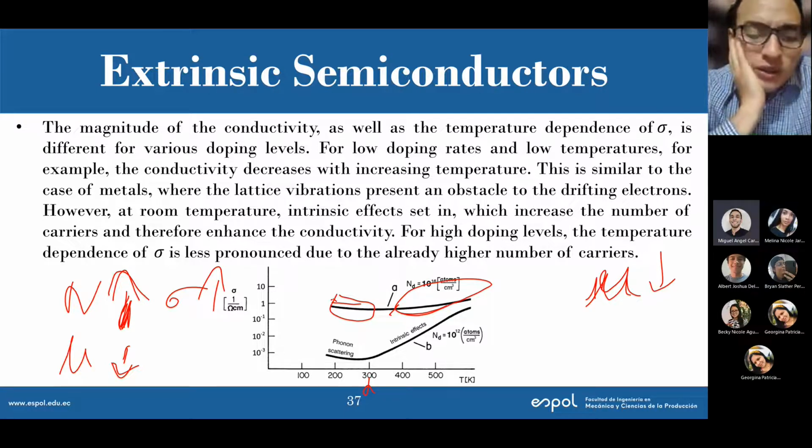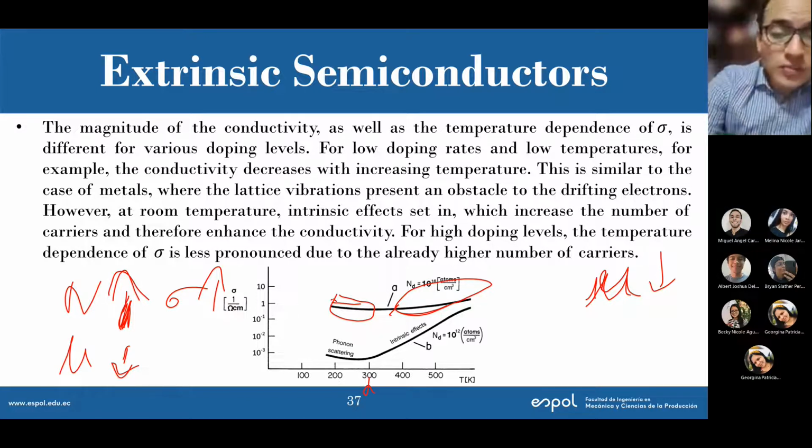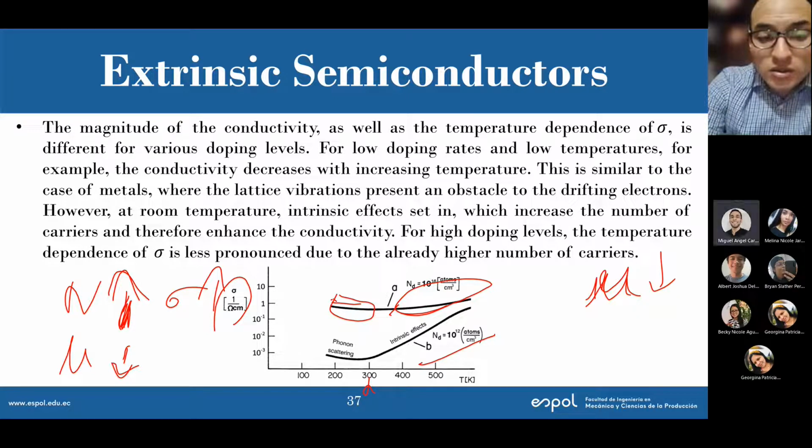The curve, I mean the line, the graph. So that must go up. What do you mean? Because this is conductivity. So conductivity must increase. The y-axis is conductivity. But you're saying that the conductivity decreases.